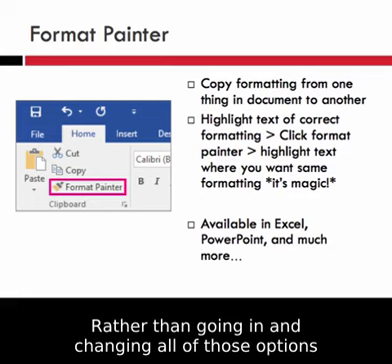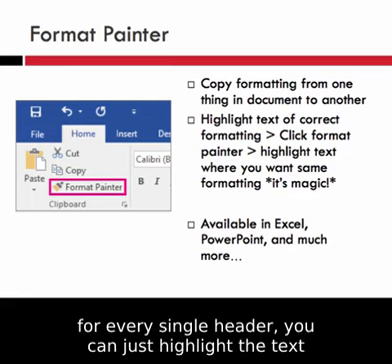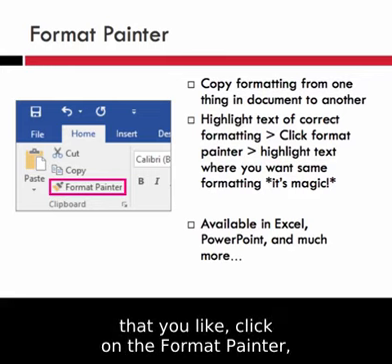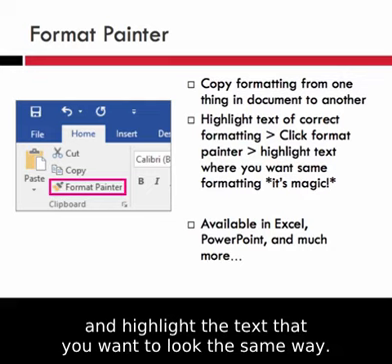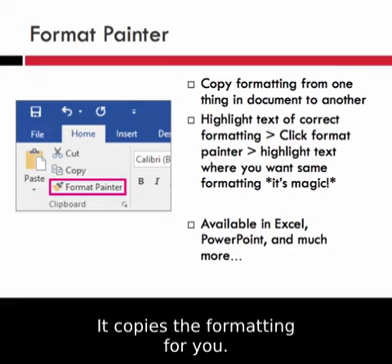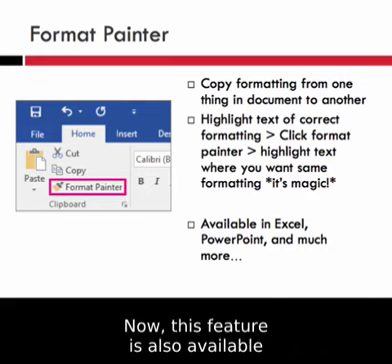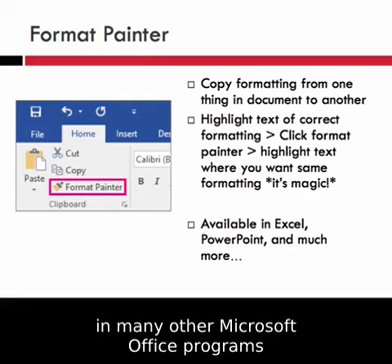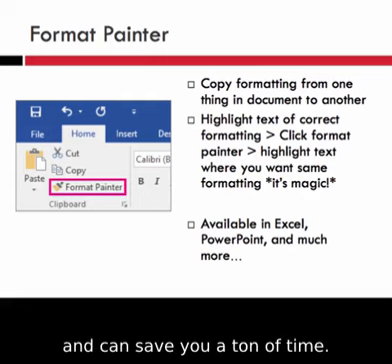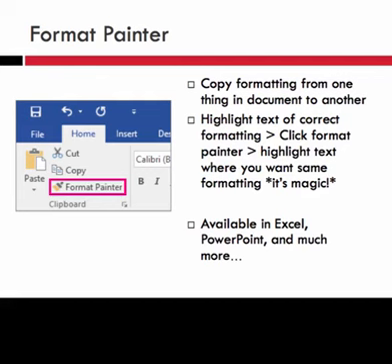Rather than going in and changing all of those options for every single header, you can just highlight the text that you like, click on the Format Painter, and highlight the text that you want to look the same way. It copies the formatting for you. Now, this feature is also available in many other Microsoft Office programs and can save you a ton of time.